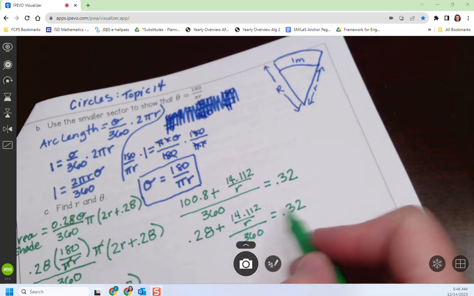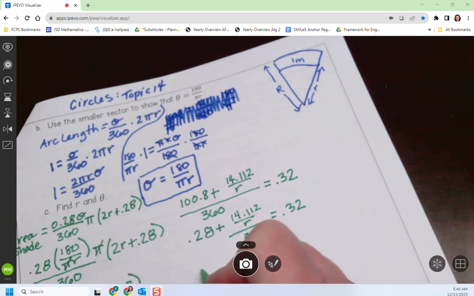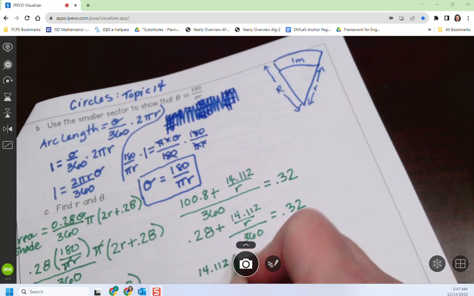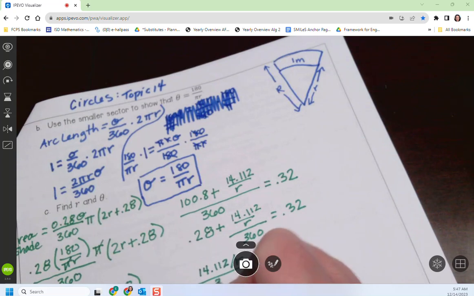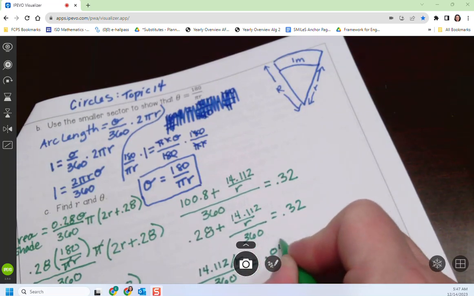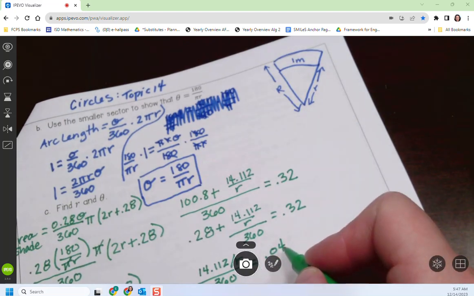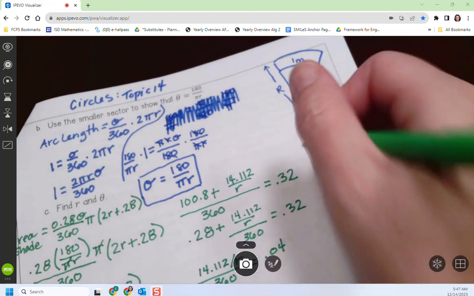And now subtract the 0.28 from both sides, and then multiply both sides by 360, and I should get about 14.4.